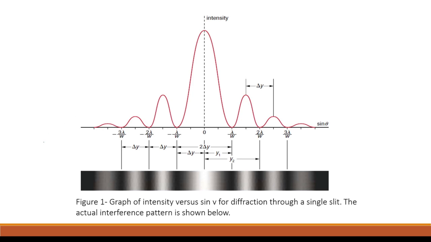And here is just a nice graph version of intensity versus sine theta, with the interference pattern mapped right along it. So we see our brightest maximum is obviously our brightest intensity, and then it comes down as we have our destructive interference when we have a sine theta equal to lambda over w, as well as the negative version in the other direction. It's the same thing, rotating up or down.